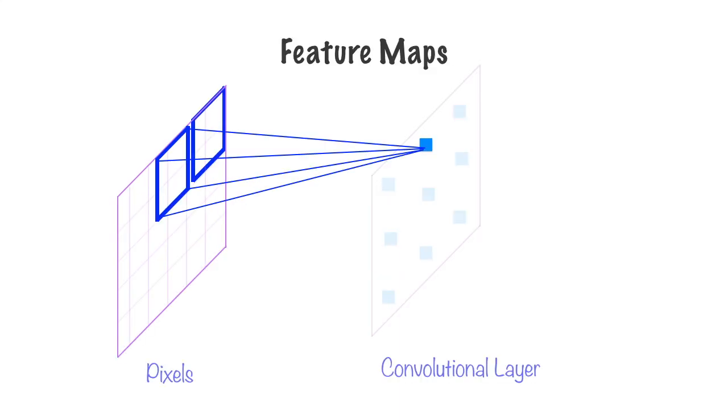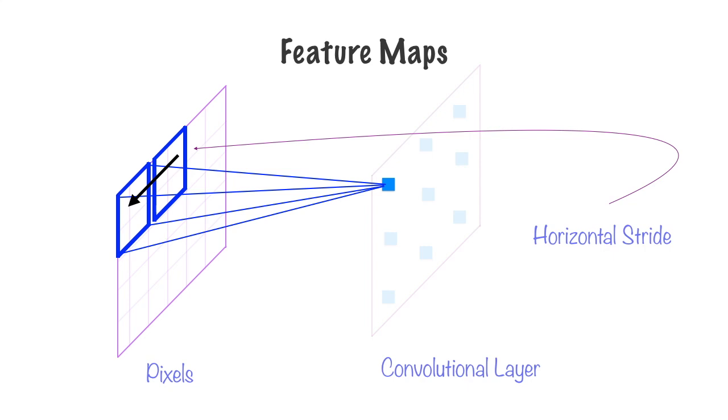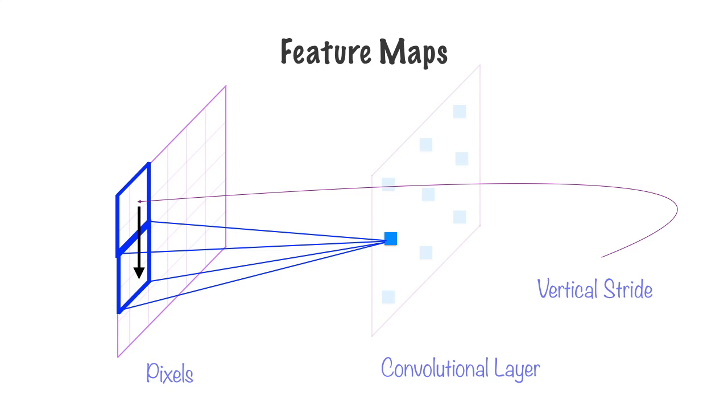Neurons in the feature map get their values by applying the kernel function to the local receptive field, and adjacent neurons get their values when the kernel function slides over. And this is the stride that we spoke about earlier, the distance between successive receptive fields. This is a horizontal slide that you see depicted on screen, and this is the vertical stride.